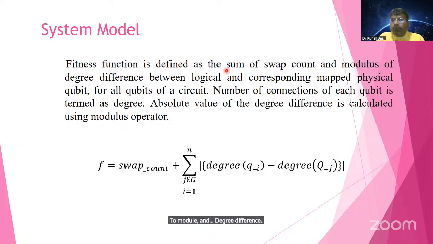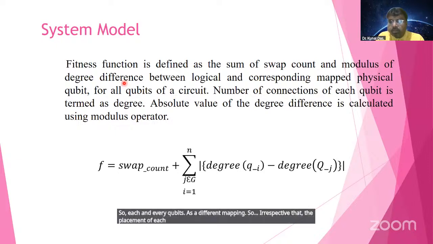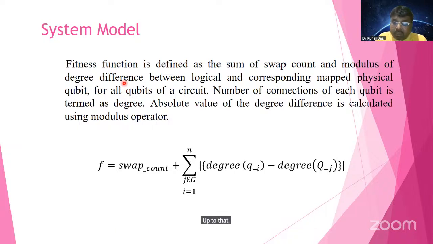If we consider the sum of all degree differences with each particle, so what is a particle? Here a particle is the entire mapping. Each and every qubit has a different mapping, so with respect to the placement of each qubit you have a single map. Up to that, you have n number of maps, so there are n particles.